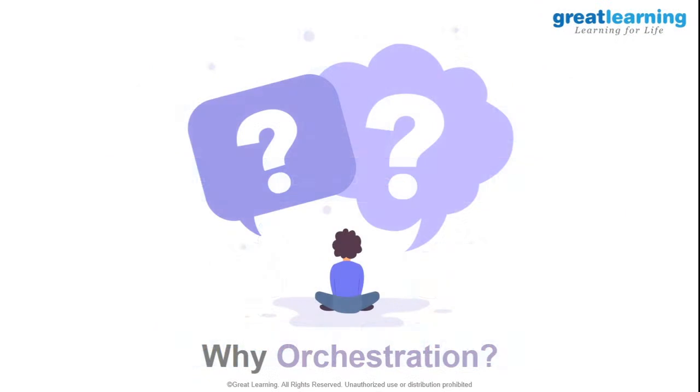Now let's go ahead and discuss why orchestration. We're discussing it here because when we talk about ECS, an AWS service, orchestration is something we are going to be doing. We are going to be managing a set of different containers in a cluster. So in software development, if you implement a microservices architecture where you have multiple containers containing individual features of a particular software, it's important to manage that cluster.